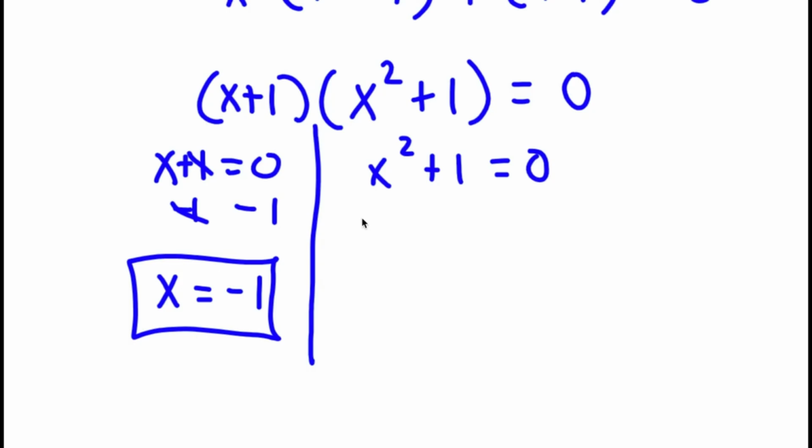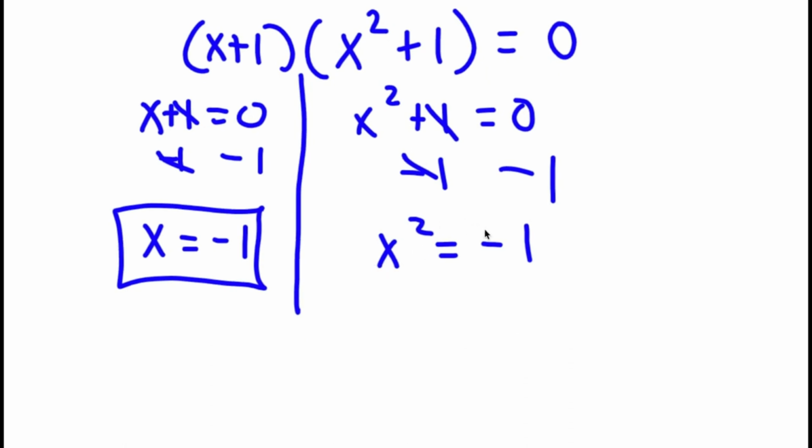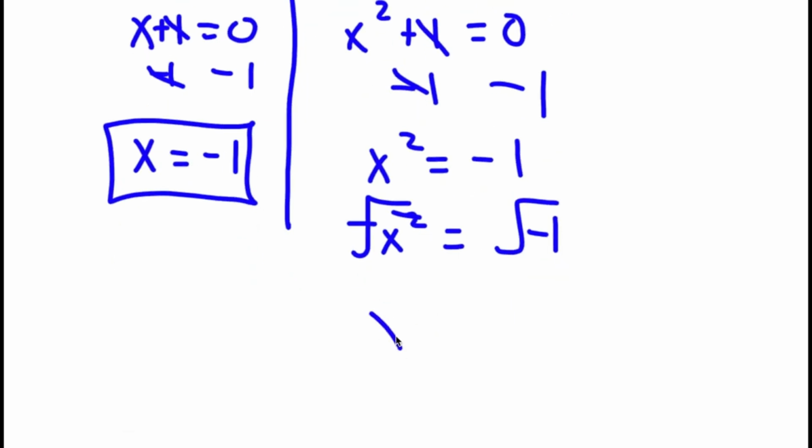Now, for x squared plus 1 equals 0, I'm going to first start by subtracting 1 on both sides. So now these two 1s cancel out, and now I have x squared is equal to negative 1. Well, now I'm going to take the square root on both sides. So now I have the square root of x squared is equal to the square root of negative 1. Now the square root of x squared is simply equal to x.